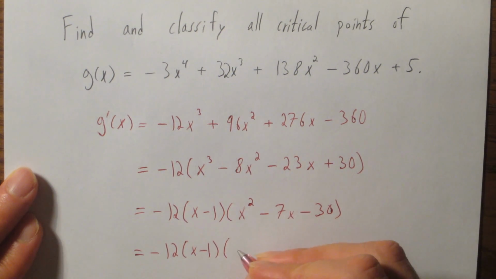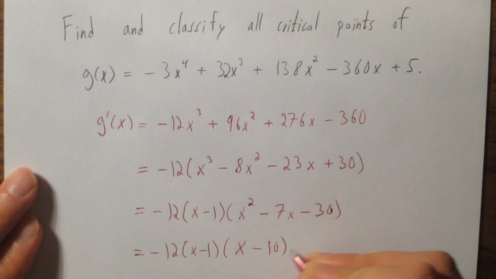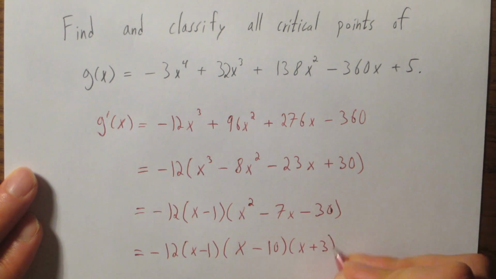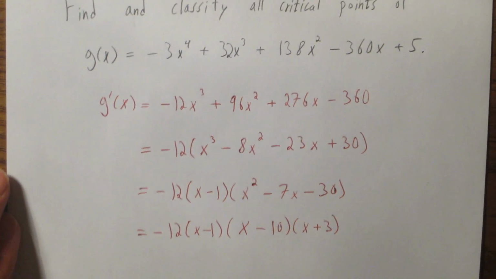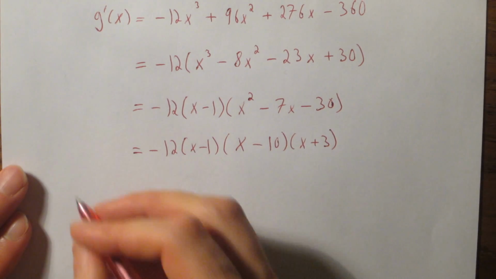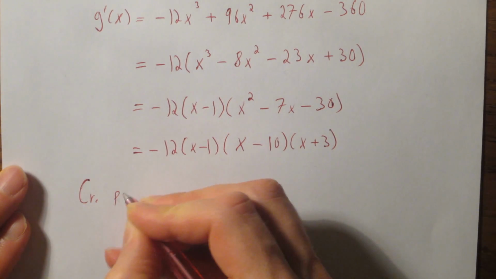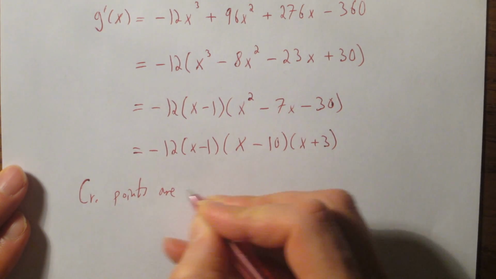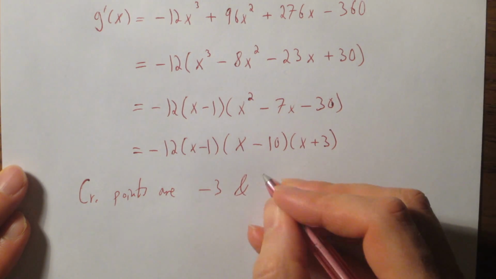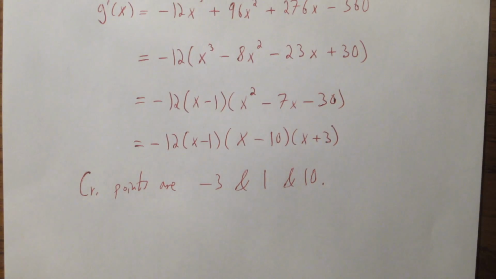Let's factorize this one as well. And this is what you get. So critical points are minus 3 and 1 and 10.